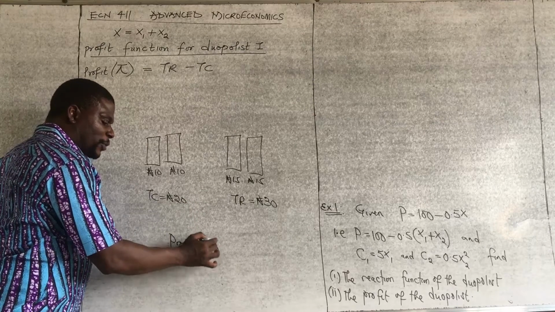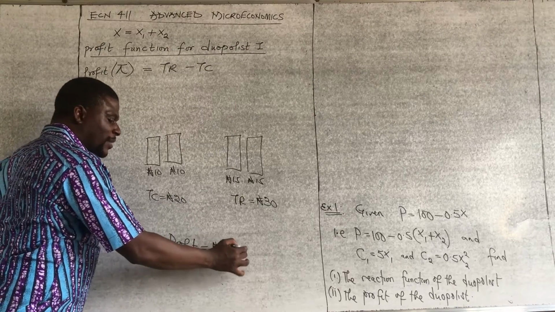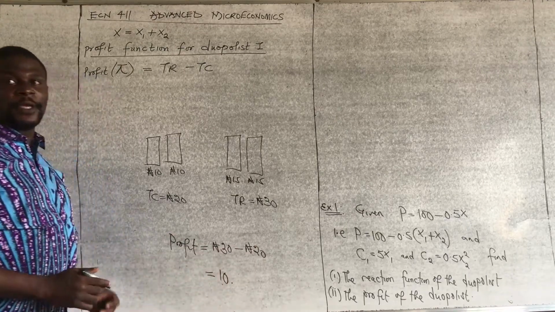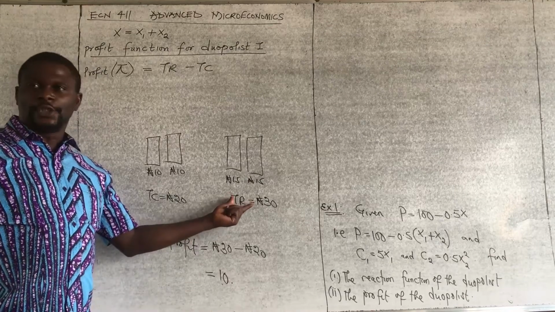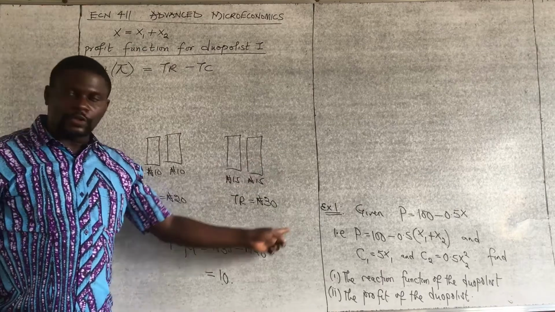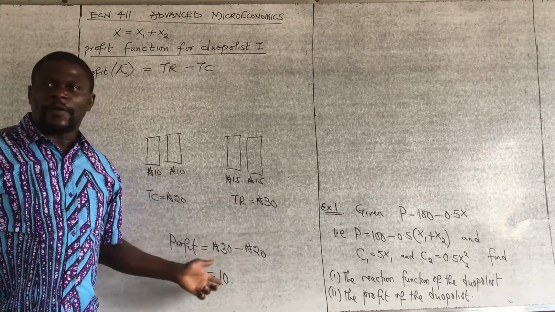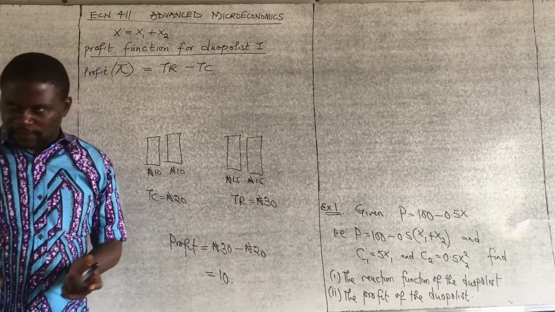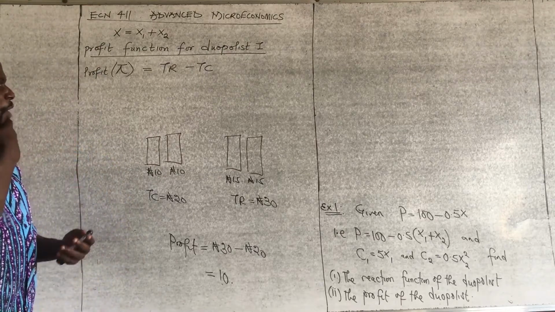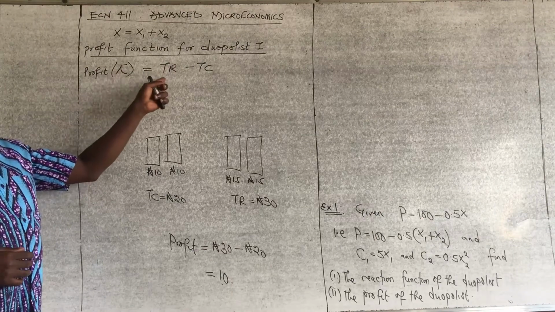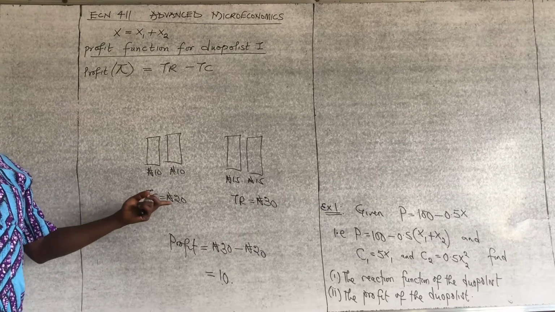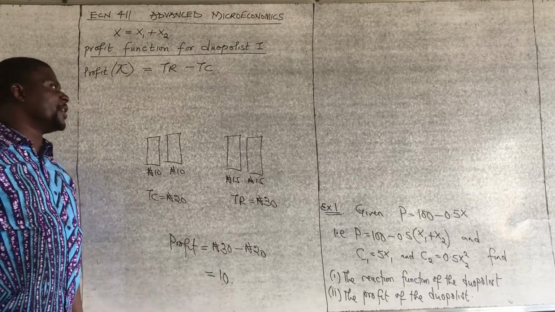So that means the amount you sold it minus the cost, which is now 10 naira. So total revenue is different from profit. Total revenue is the total amount you sold it. Profit is when you remove the cost from revenue, you now get profit. Are we together? So at every given point, your profit is always total revenue minus total cost. That's 30 minus 20 from my illustration, and of course, that will give you 10.